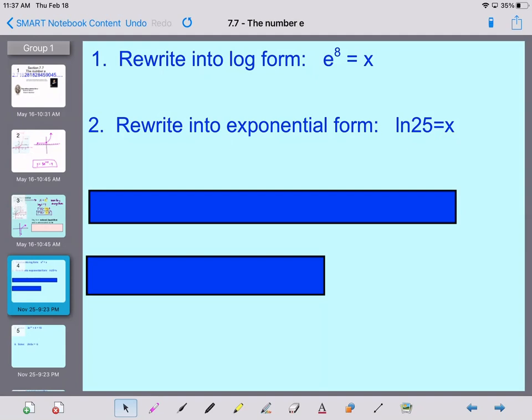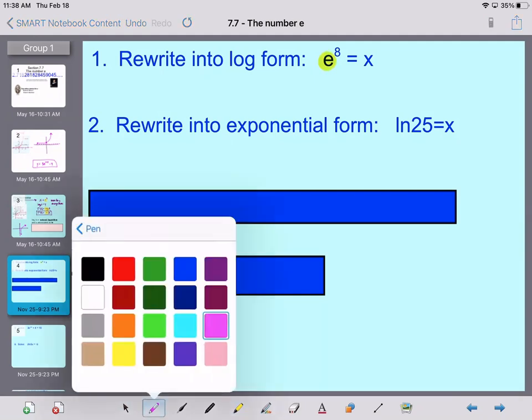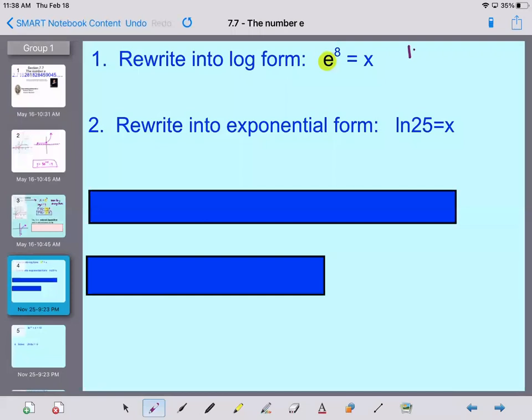So let's take number 1 and rewrite it into logarithmic form. Right now it's an exponential form. Start with the base. So we'll do log base E, go around the equal sign.